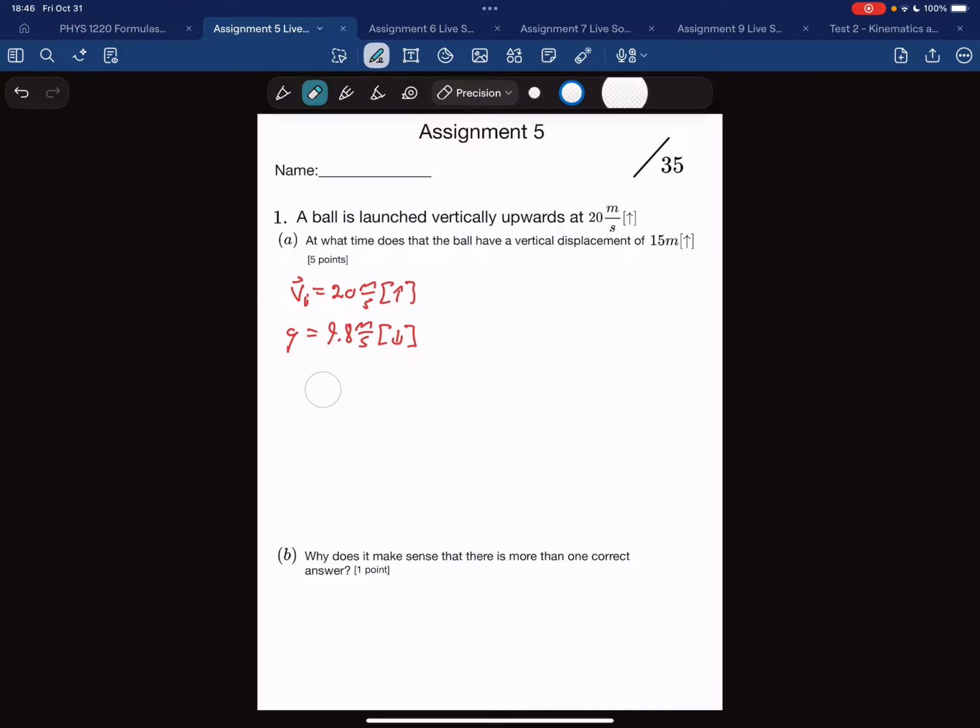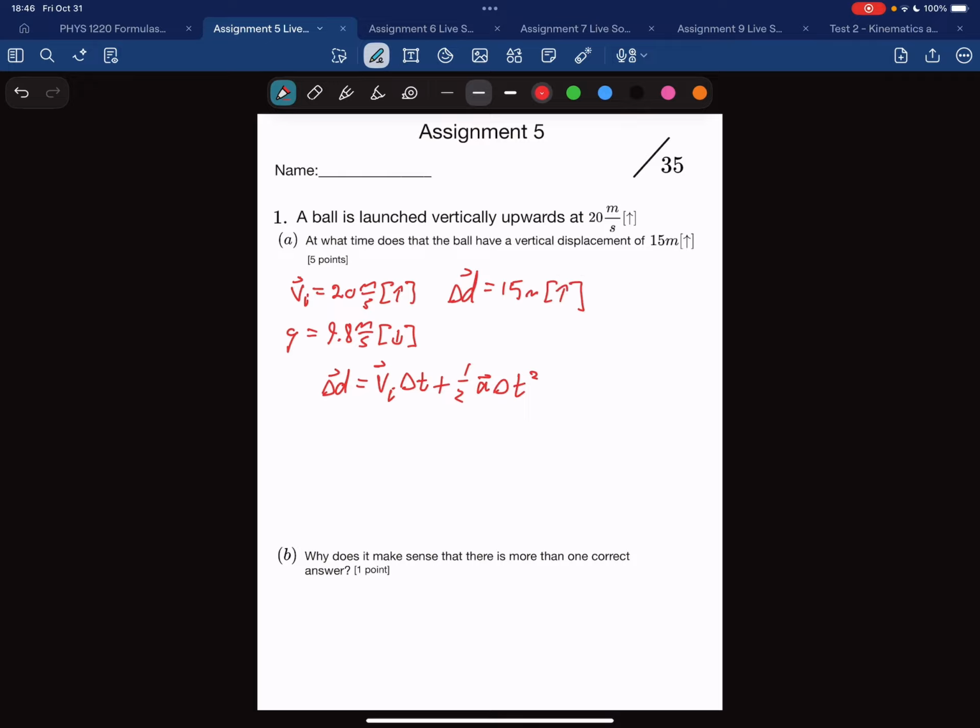And from our kinematics equations, we can use delta D equals initial velocity times delta t plus 1/2 a delta t squared. We are asked at what time does the ball reach a height of delta D equals 15 meters upwards.